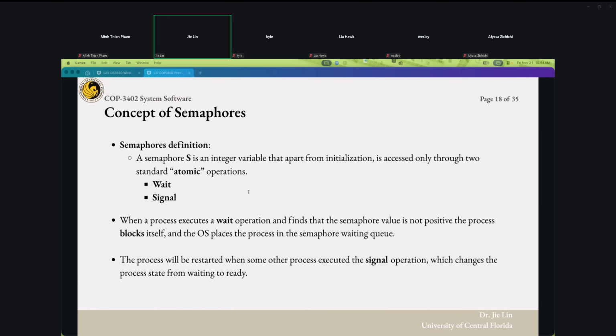It's looking at the red light, blocking by itself. The operating system then moves that process into a waiting queue. It will patiently sit right there and not move until that person finishes the job. You don't have to check it. Look at the light. I'm asking you to sit.